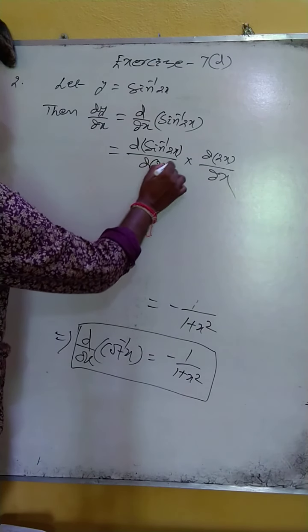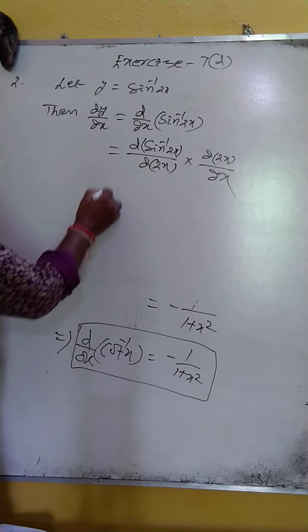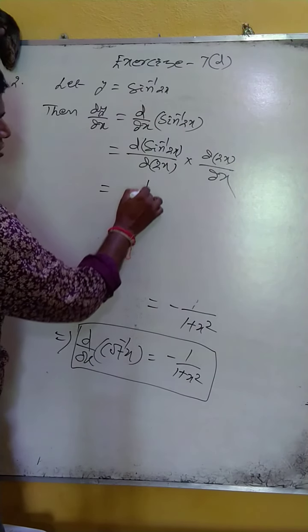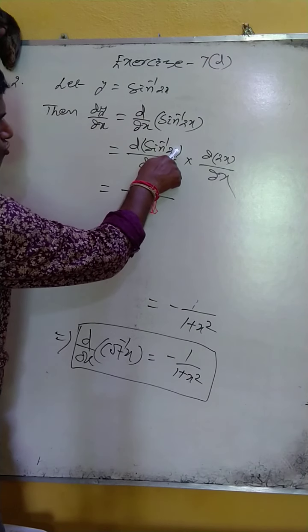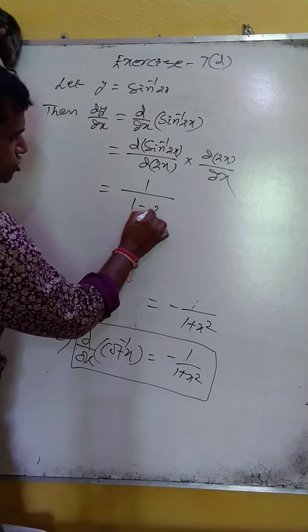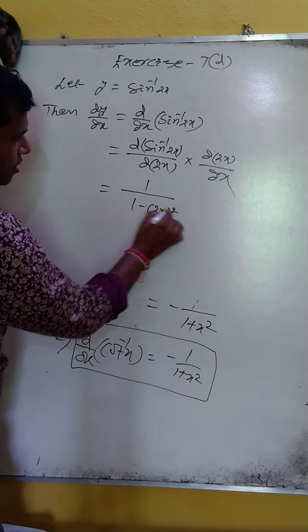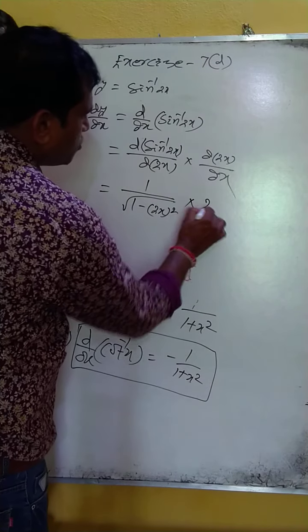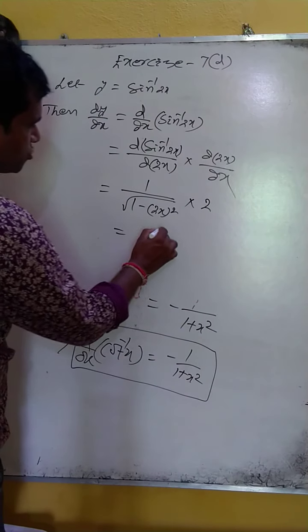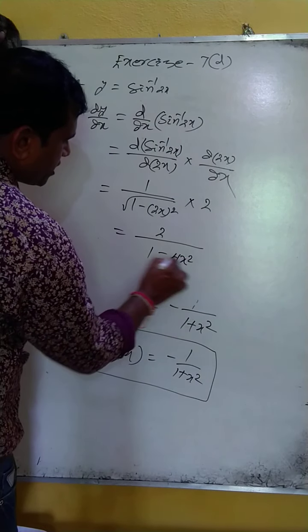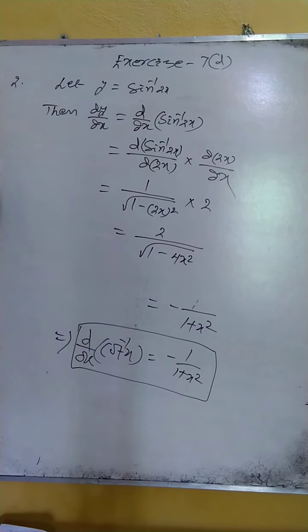Since the derivative of sin inverse x is 1 by root over 1 minus x square, we write here the derivative of sin inverse 2x with respect to 2x is 1 by root over 1 minus 2x square, into 2. So we write 2 by root over 1 minus 4x square.